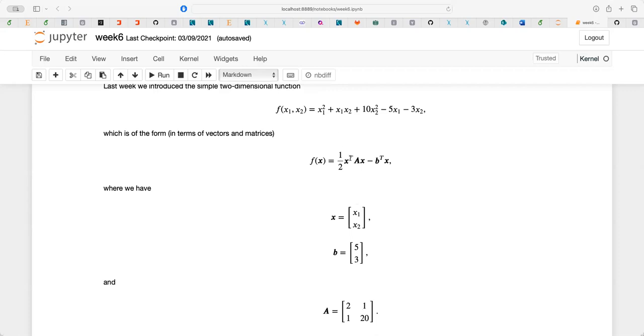So if you perform the vector-matrix-vector multiplication, you will get x1 squared, x1 times x2 times 10, x2 squared. And then you have this vector B, which is just 5 and 3, which when multiplied with this one just gives you minus 5 times x1, minus 3 times x2. That's okay?